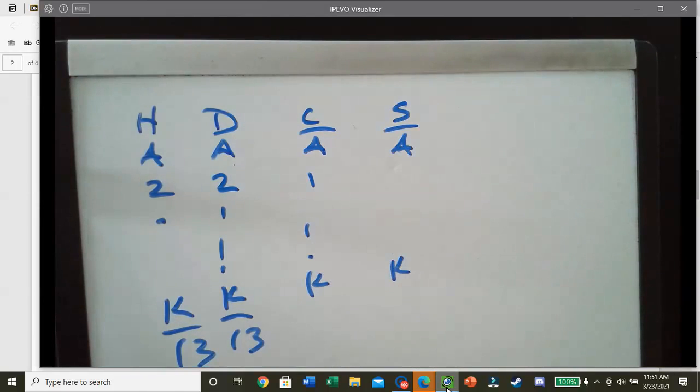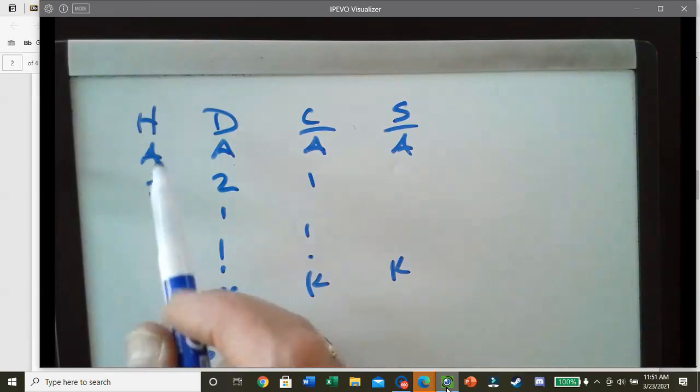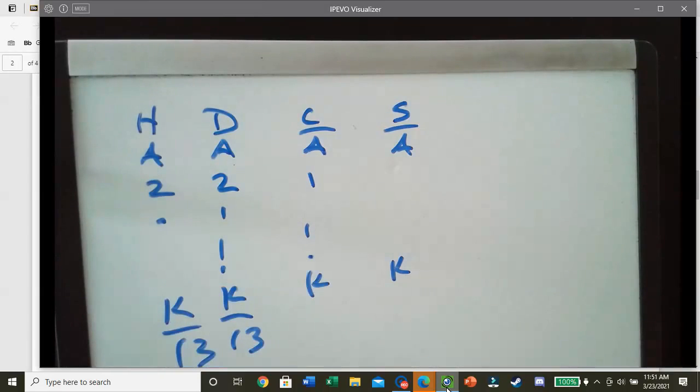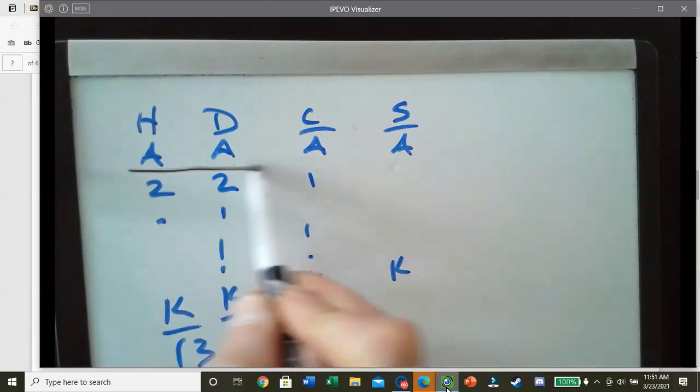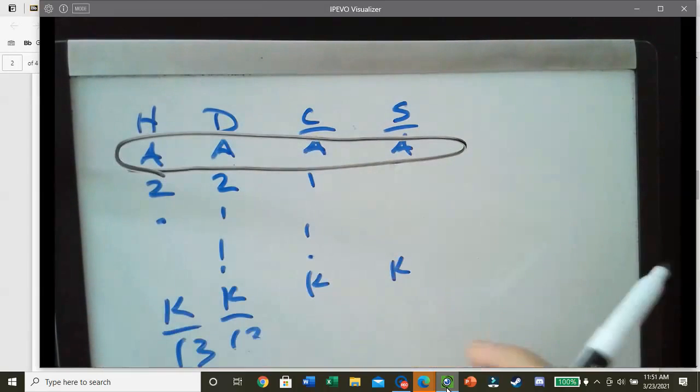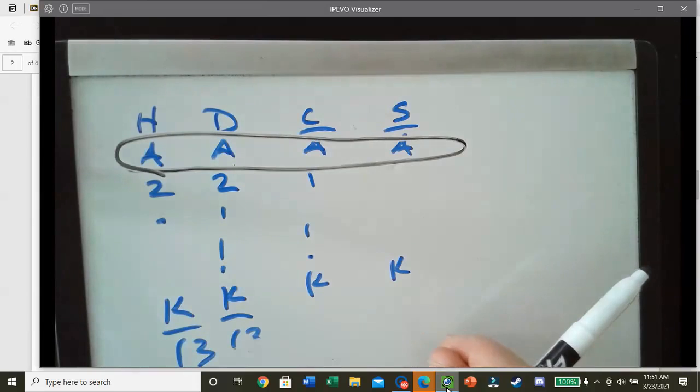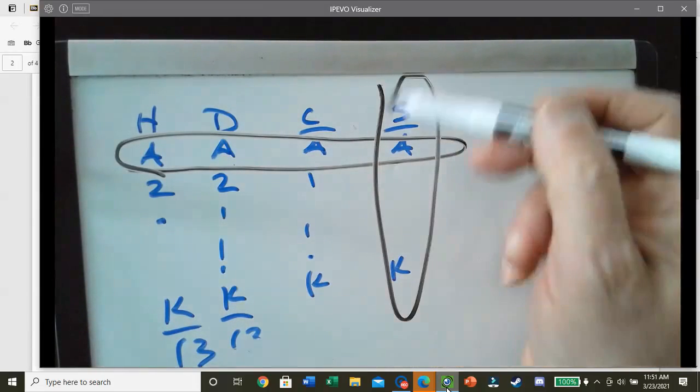So we want to know how many ways can it be an ace or spade? Well, here's an ace, right? How many aces do we have? There's 4, right? And how many spades do we have?